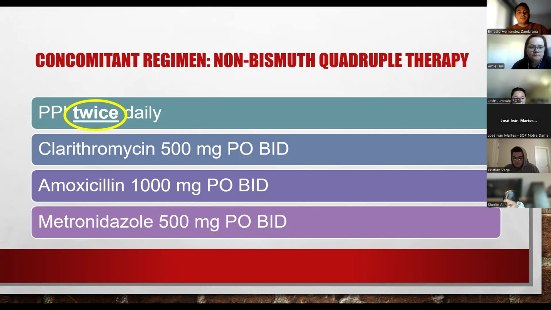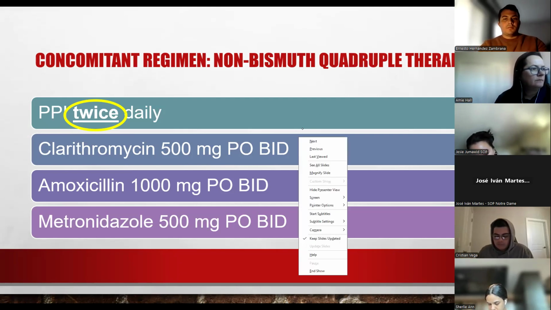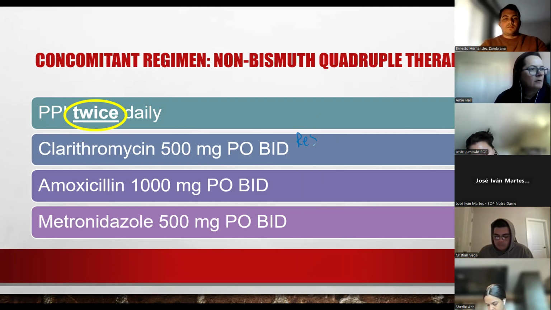So all right, I see also, so clarithromycin, we have to be thinking about resistance greater than 15%. We need to think about drug interactions.